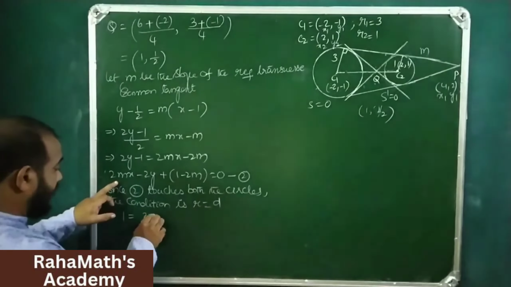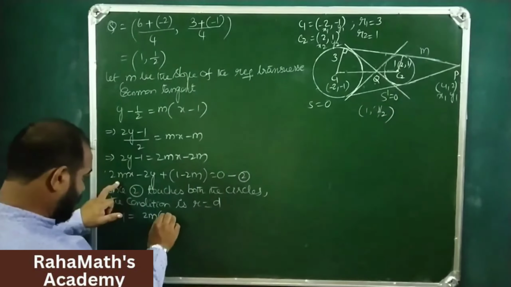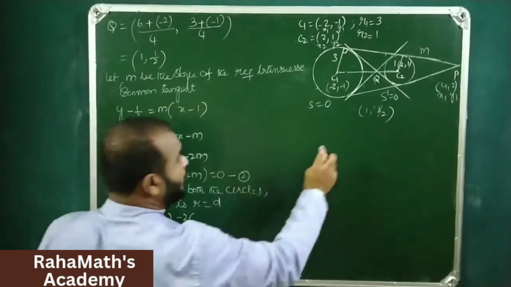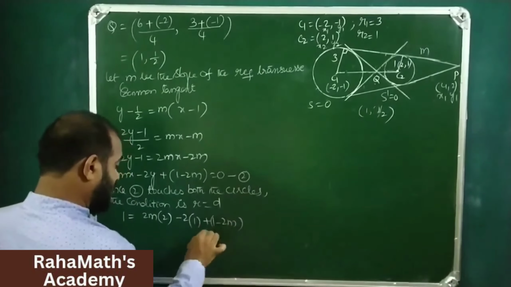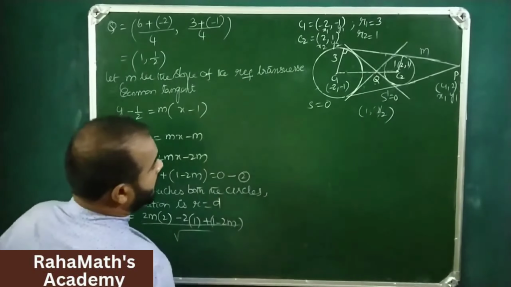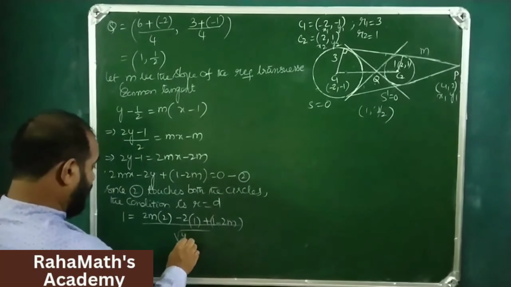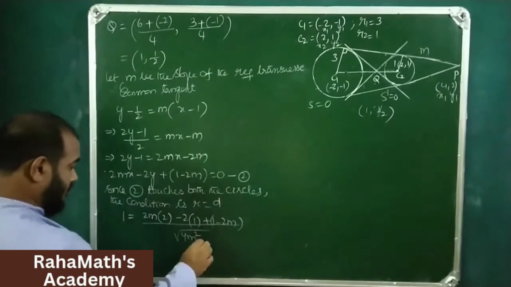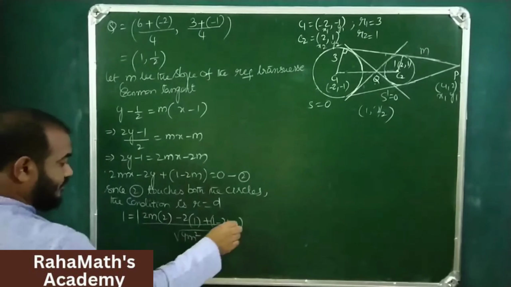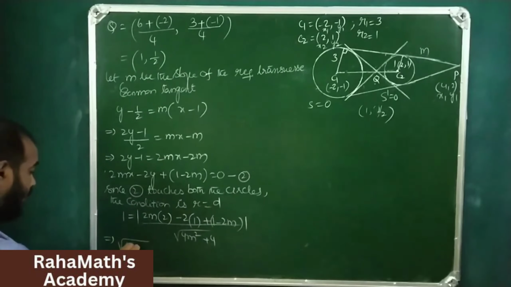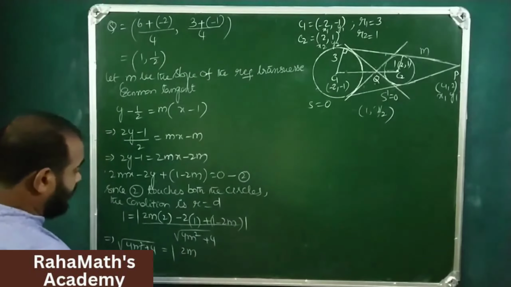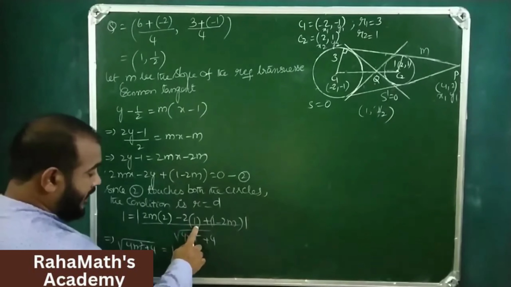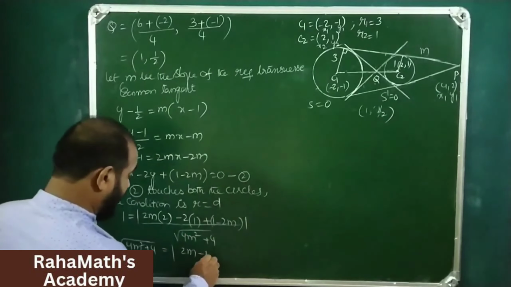So 2m into x, which is 2, minus 2 into y value, which is 1, plus 1 minus 2m, by the square root of 2m whole square, 4m square, plus minus 2 whole square, plus 4, modulus. So this is equal to root of 4m square plus 4 is equal to 4m minus 2m, which is 2m, minus 2 ones are minus 2, plus 1, minus 1.